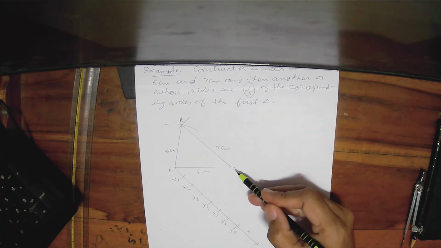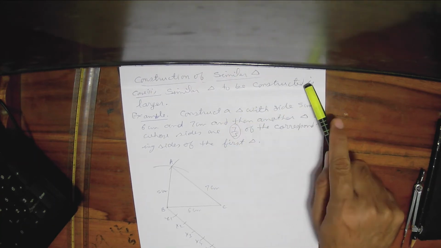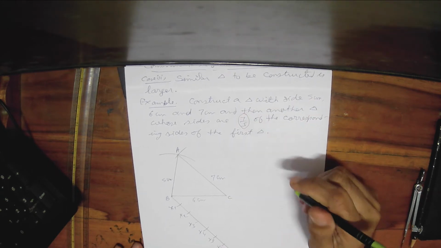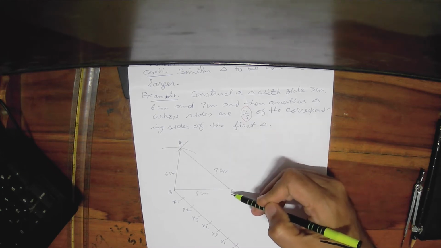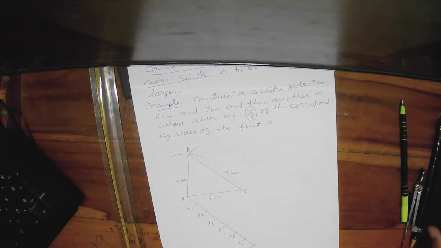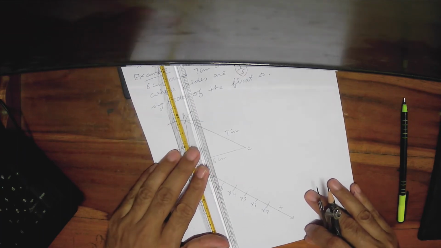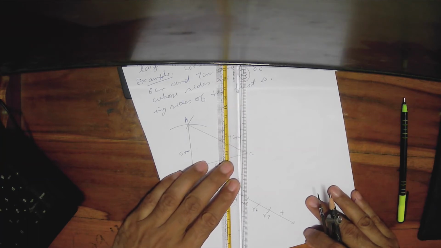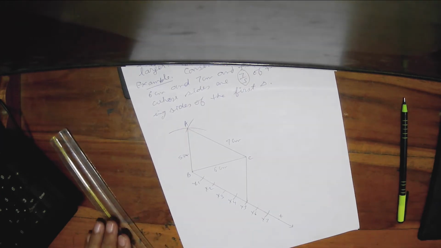So we will join x5 with C. Remember again, whether the similar triangle to be constructed is larger or smaller, in both cases whatever number is in the denominator, you join with C. So here 5 is the number, so let us join x5 with C. Here this is our x5 and this is C. We have joined x5 with C.